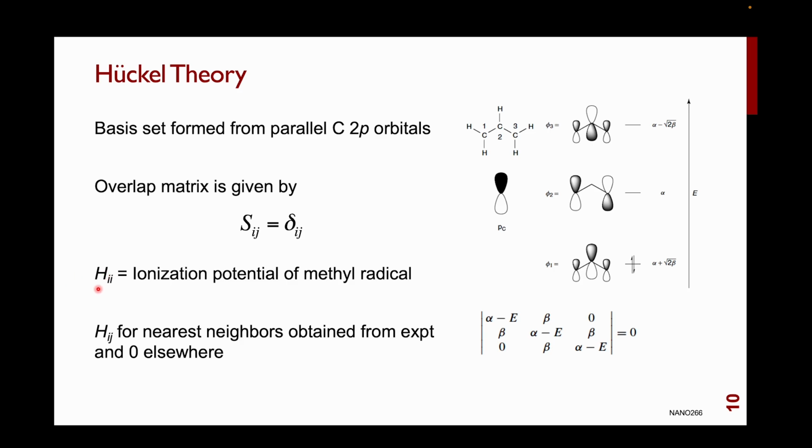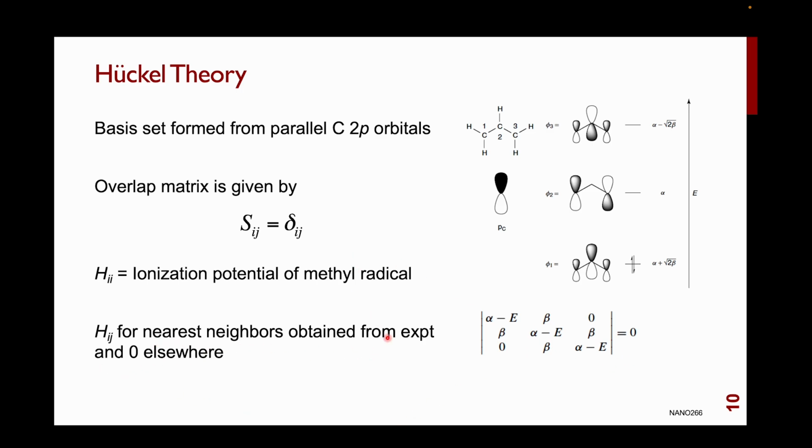And you assume that your diagonal terms, Hii, are just equal to the ionization potential of your methyl radical. What you then have is this very simple equation over here, where Hij for nearest neighbors you actually obtain from experiments.